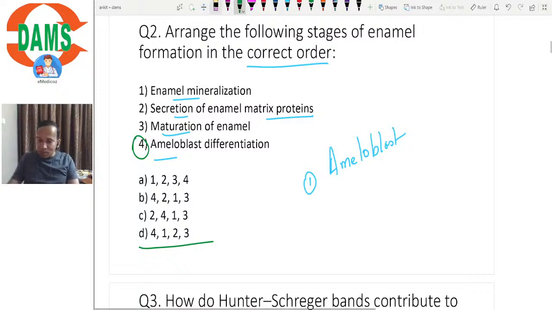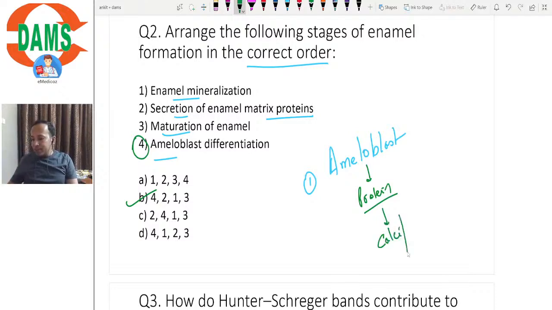Sorry, Bhavna has said 4, 2, 1, 3. So exactly, once the ameloblast is differentiated, then protein, that is the organic matrix of enamel, will be formed. After that, this organic matrix will calcify, that is, it will undergo mineralization, and later in the maturation stage, it will mature, right?